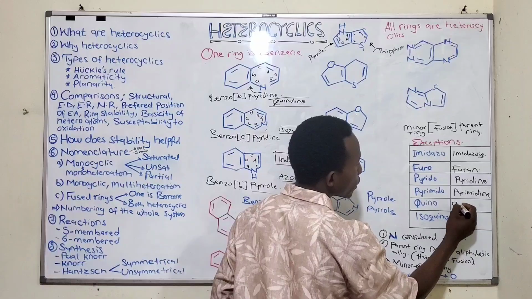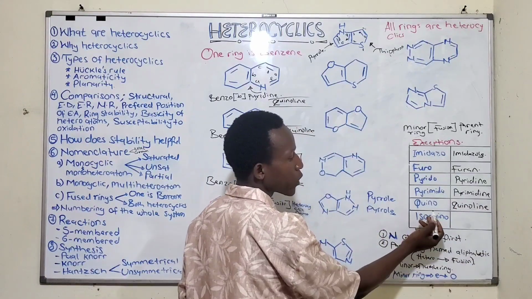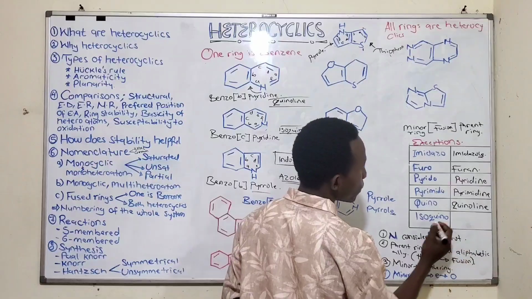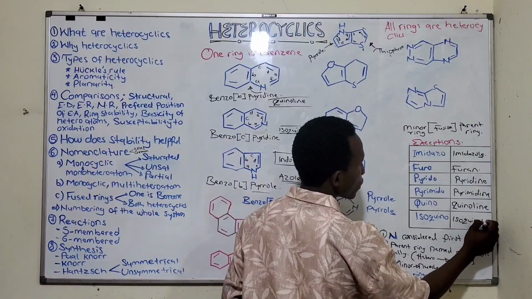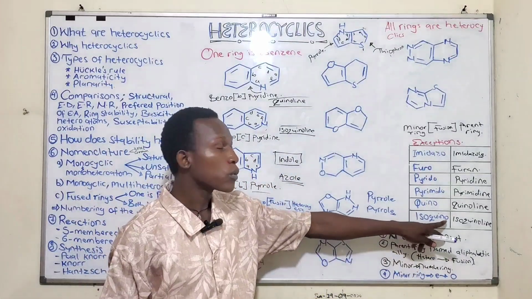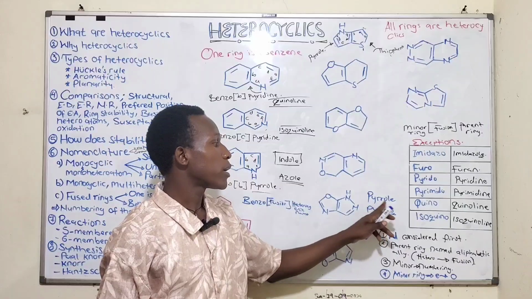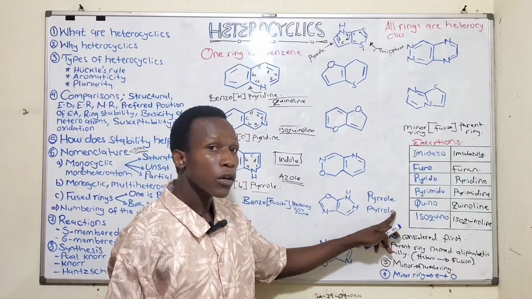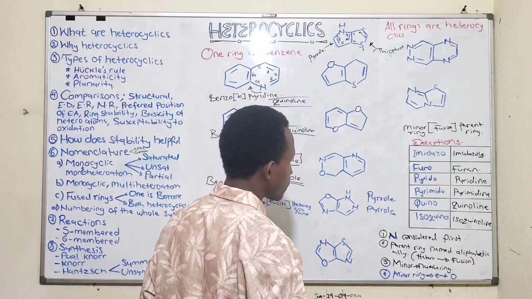Then quinoline will be quino. Isoquinoline will be isoquino. This is isoquinoline, to be isoquino. But others, in case you have pyrrole, to be pyrrole. So don't forget that.